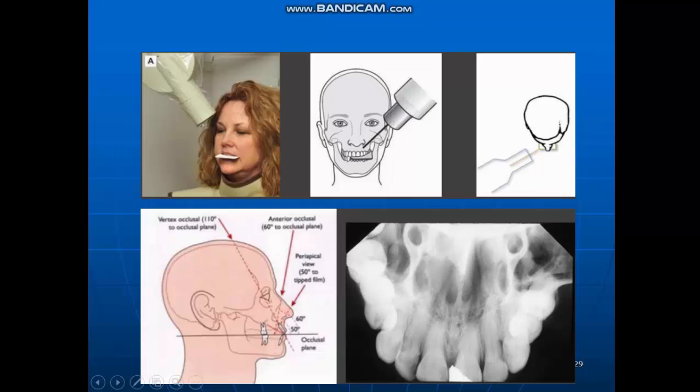The main indications of this view are periapical assessment of maxillary posterior teeth, evaluation of size and extent of lesions, assessment of the condition of the floor of the maxillary sinus, determining the position of roots displaced into the antrum, and assessment of fracture of posterior teeth.